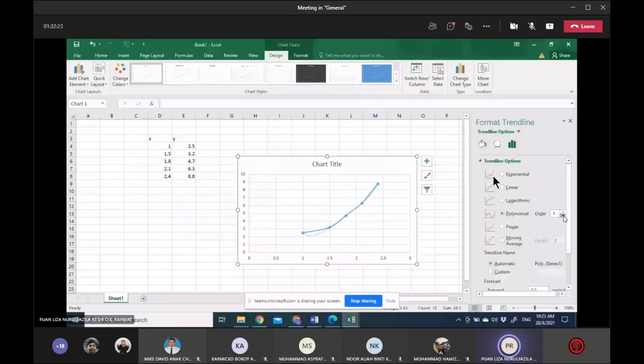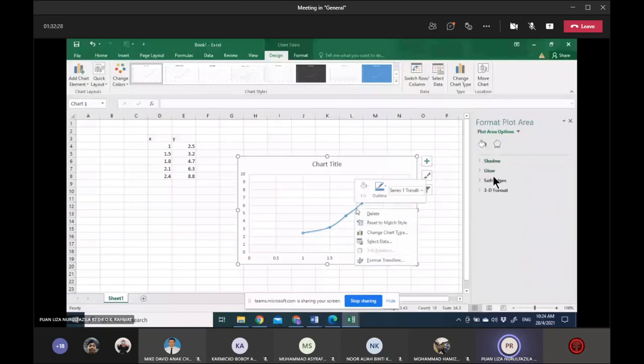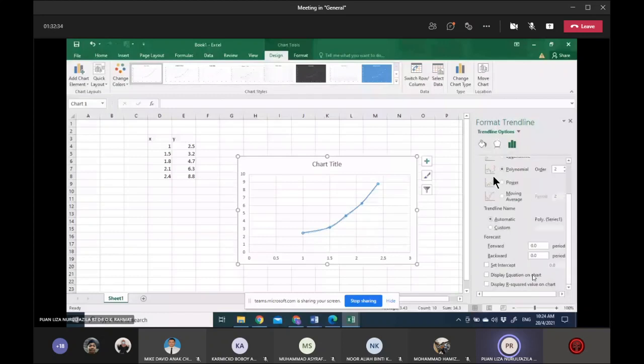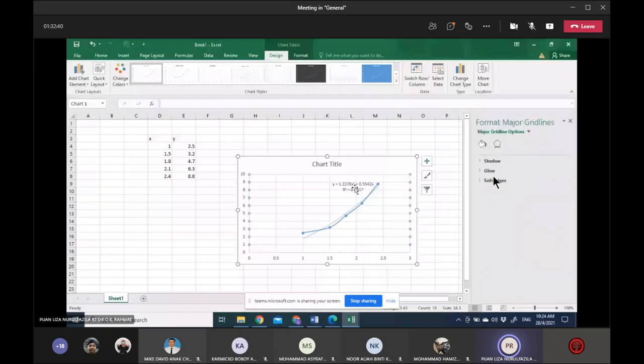Let me just take quadratic. Okay, set intercept display. Okay. So you see you have a formula there given. 1.2778 x squared plus 0.5542x.